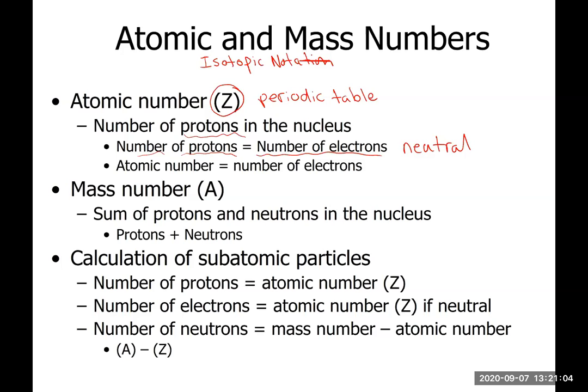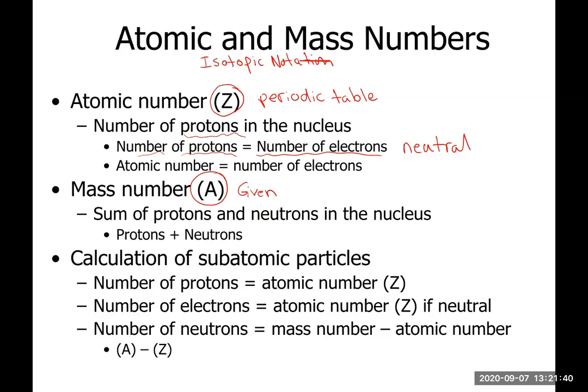The mass number is given by this uppercase A, and the mass number has to be given to us because we don't know what isotope we're talking about unless we're looking at the periodic table. If we're specifically looking at the periodic table, that's giving us the atomic mass units in an average value for all the isotopes of that particular element that are found in nature. But if we're looking at one specific isotope, we have to be given the mass number because we don't know what specific isotope that might be.